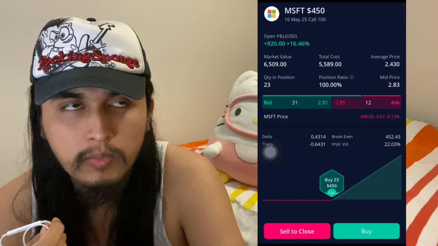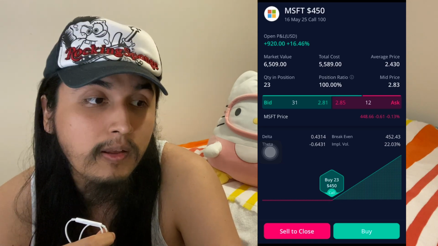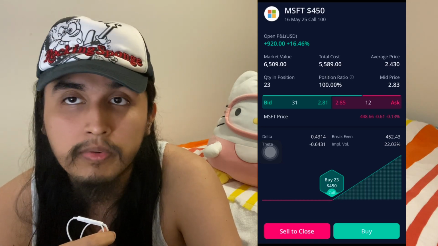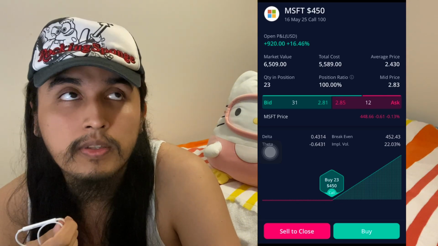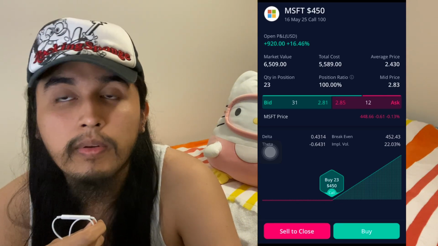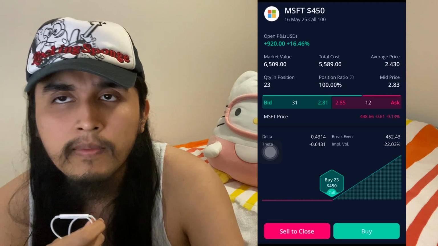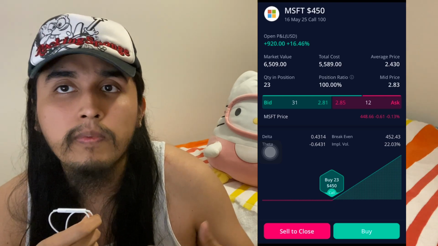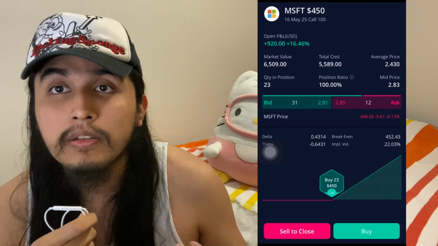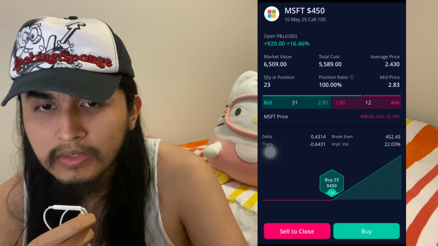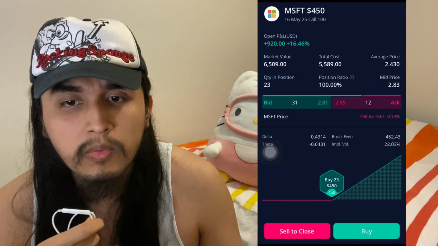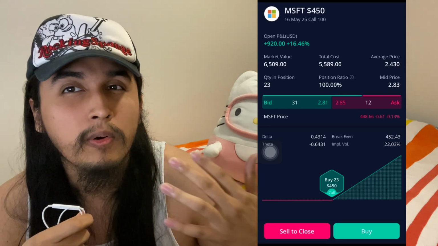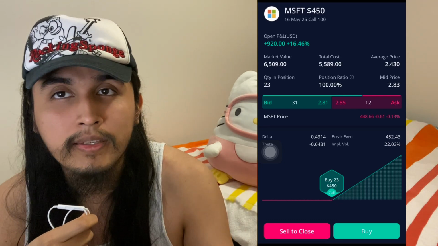If you're up 20%, okay, my risk tolerance level is to sell out once it's up 20%. My risk tolerance level is to sell out once the position is up 40%. And my risk tolerance level for when I need to cut my losses is when my position is down 10%, or down 20%, 30%, whatever your risk tolerance level is.